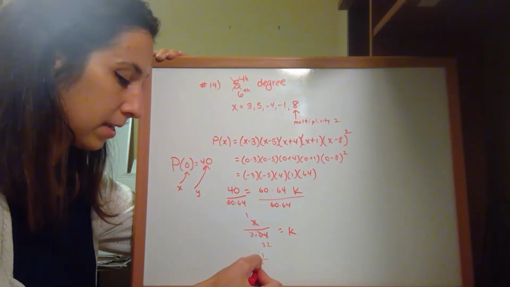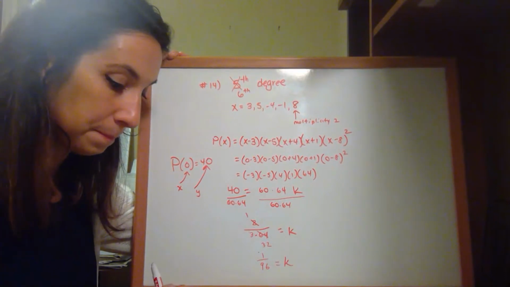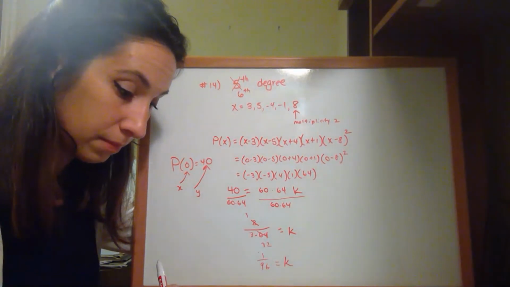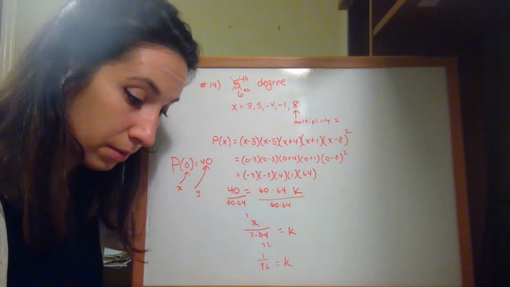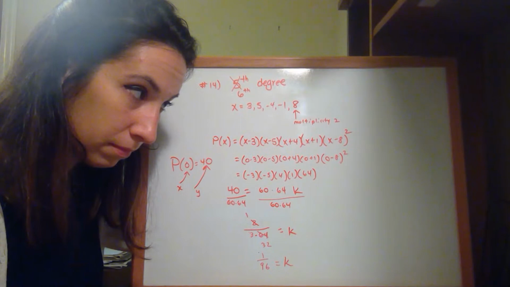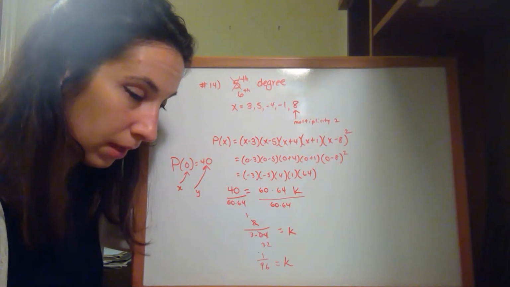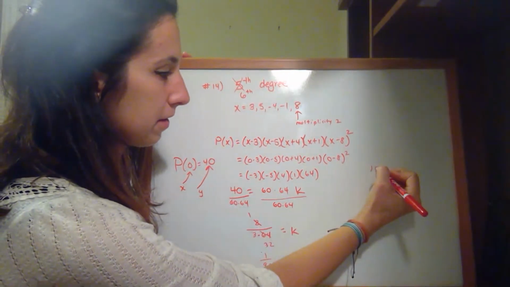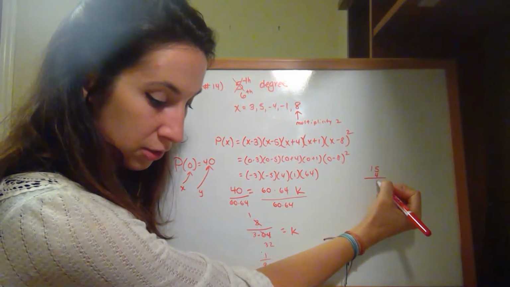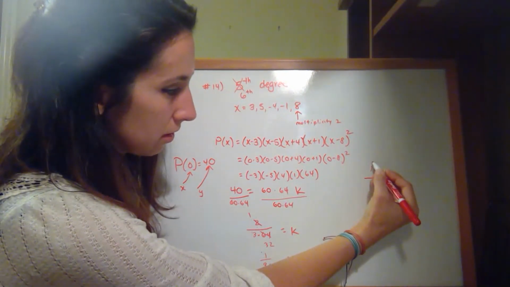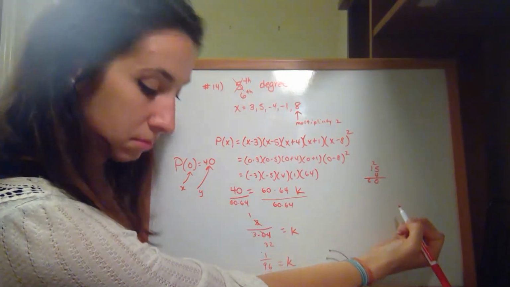So 1 over 96, that's our k. And that is not what I'm seeing here. Did I do something wrong? I really don't want to pull out the calculator. I feel like that would make me a cheater. 15 times 4, 60.